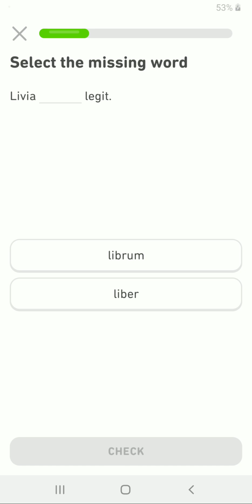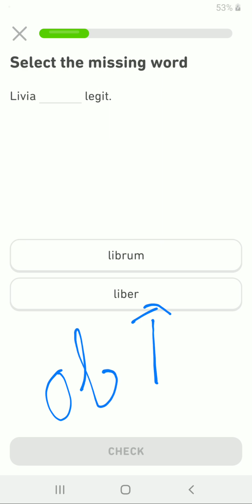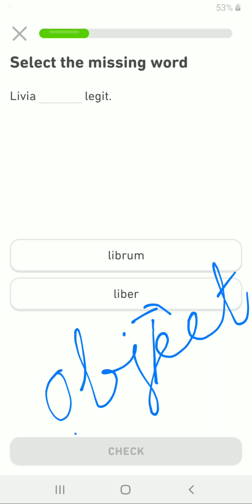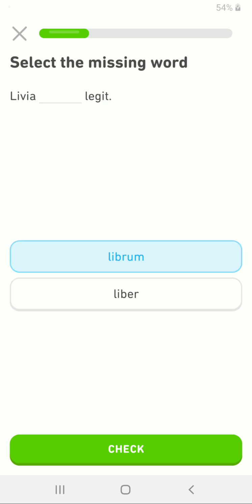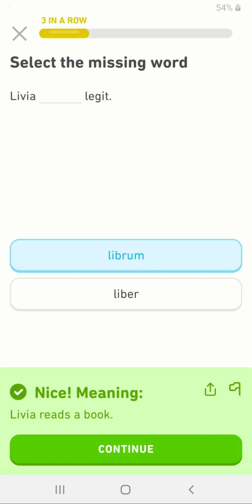So very important, this is a noun, but it's an object noun. Therefore, in Latin, it takes a different ending. So it's librum. Livia librum legit.